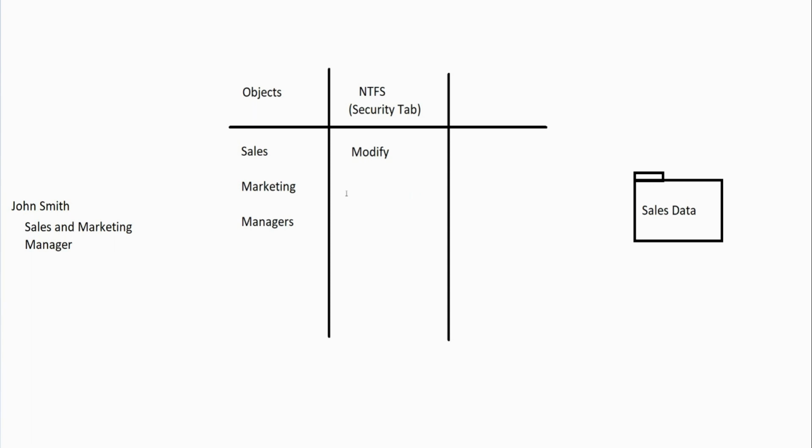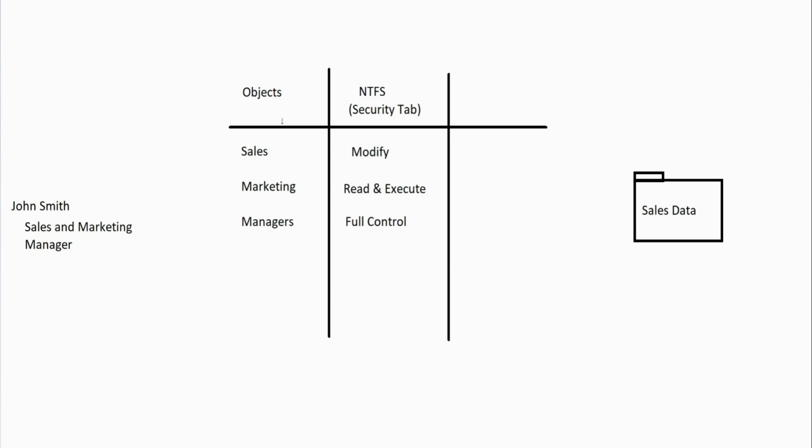Then let's say marketing people have read and execute, because they're not actually full salespeople. Maybe you don't want them changing the data, but they need to be able to see it. And then you have the managers group, which has been given full control. Full control is normally reserved for administrators, but in this case, we'll say managers need a little extra power over that folder.